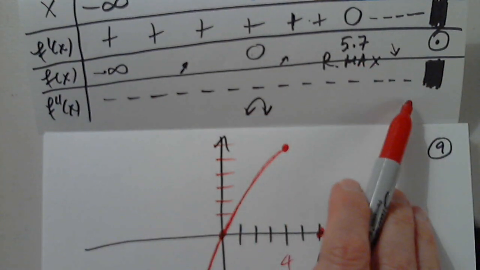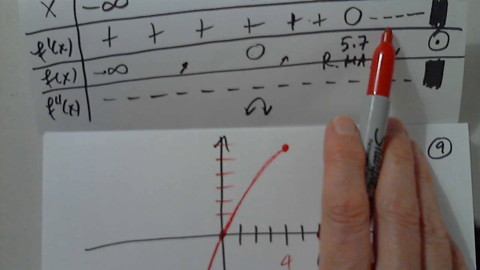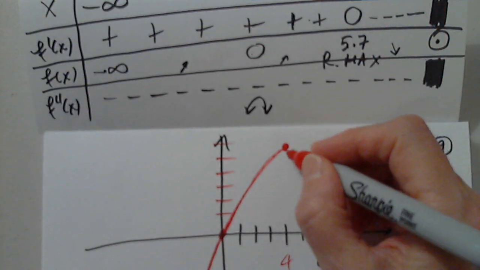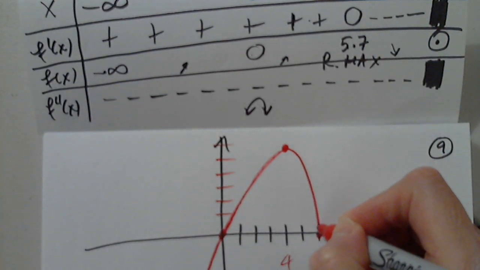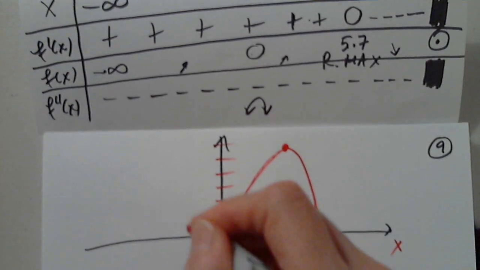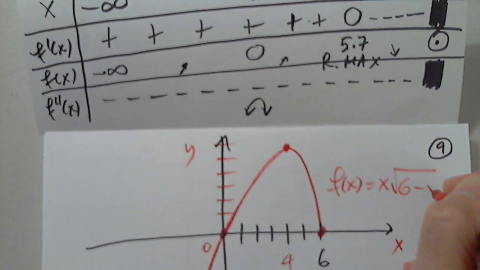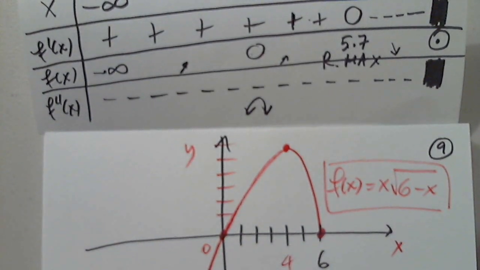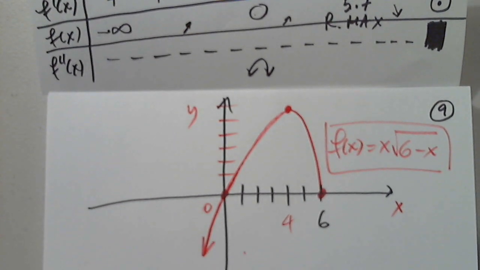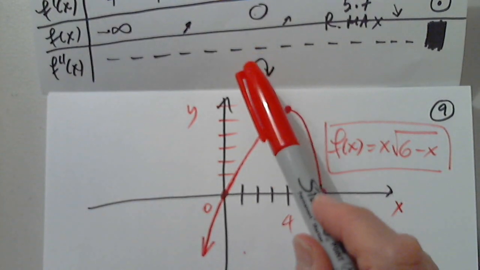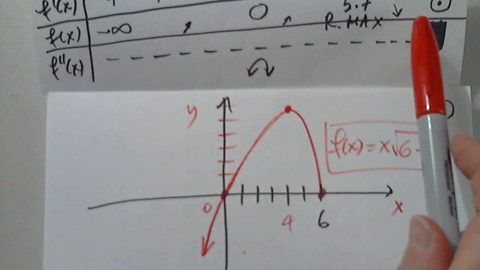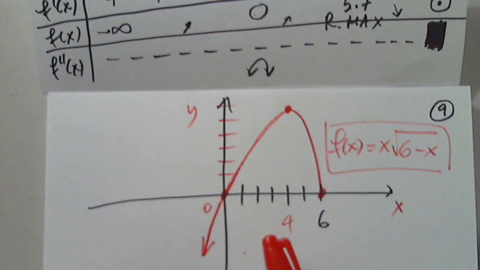Still opening down all the way, it starts decreasing to the point (6, 0). This is it. All my work was summarized in the table. That's all I needed to graph.